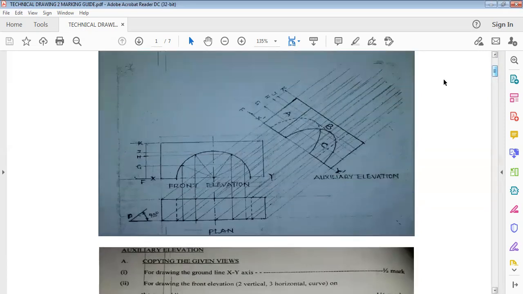These are the lines they are talking about, and you produce them like this. How do you produce this line? By taking the distance from here to here with your compass, coming to this point on X1, and making an arc here. You do the same from this point to H, bring it to this point, make an arc here, and continue like that.